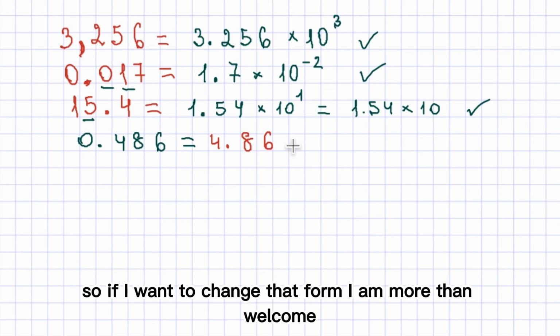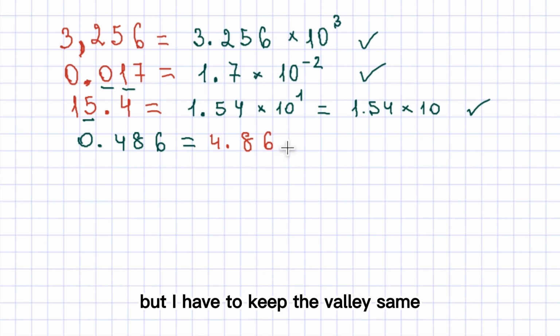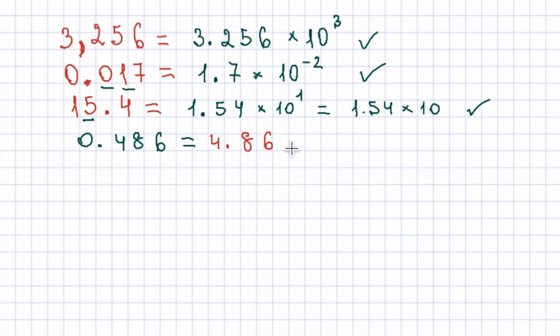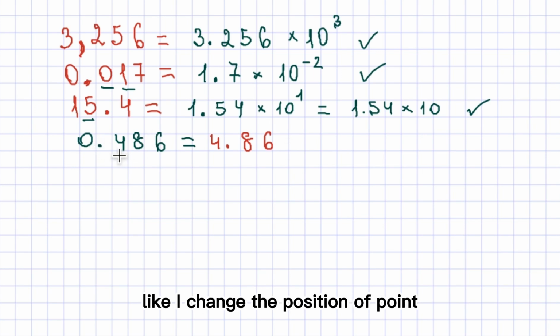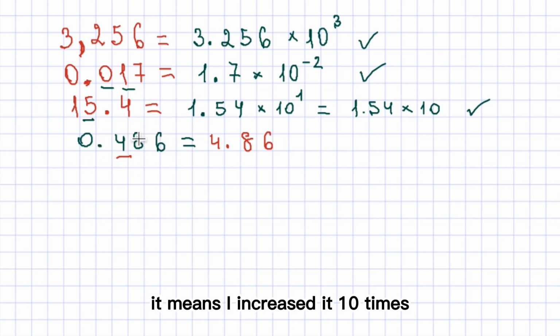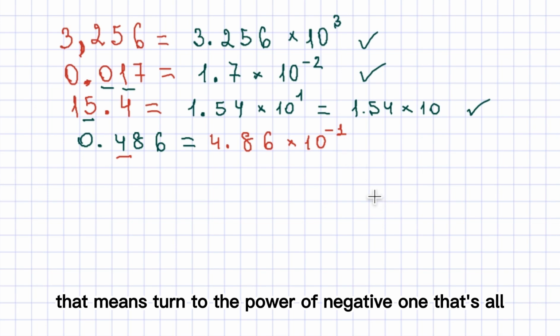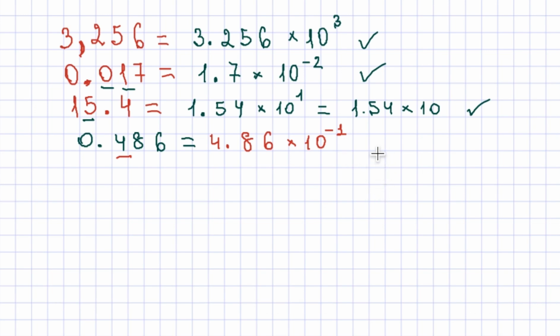So if I want to change the form, I am more than welcome, but I have to keep the value the same. Like, I changed the position of the point one place to the right. It means I increased it 10 times. So here to keep the balance, I have to decrease it 10 times. That means 10 to the power of negative 1. That's all. This is in standard form.